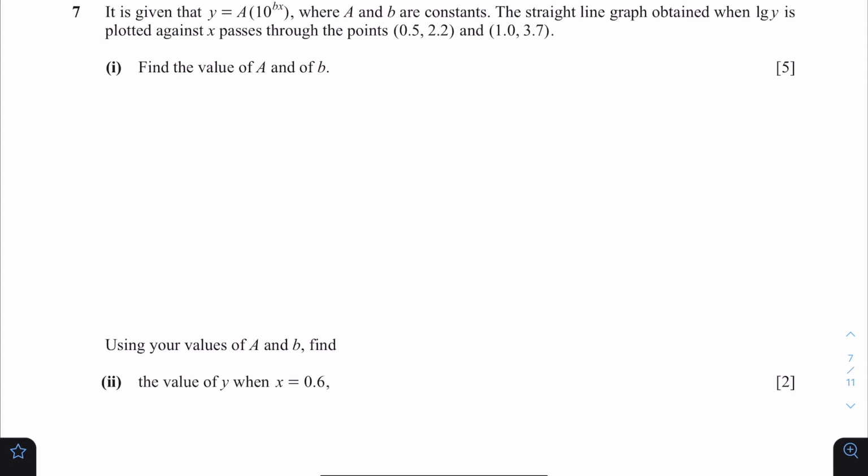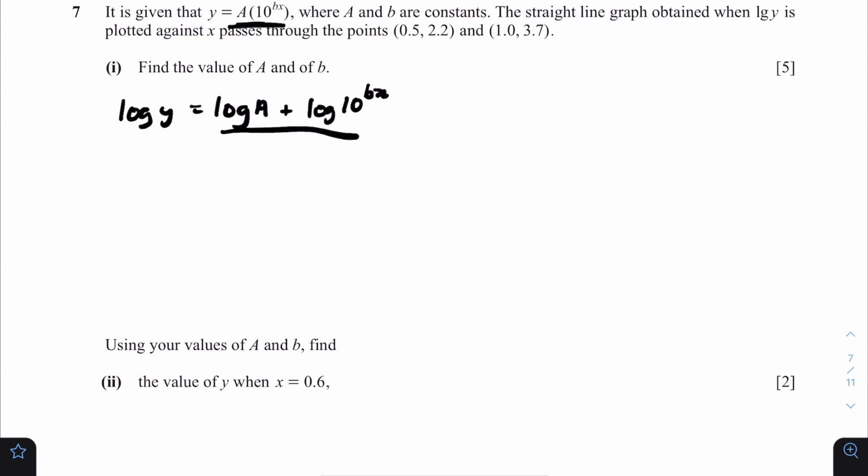So if we take the log of both sides, considering we have a 10 to the power of bx part, we can say log y is equal to log a plus log 10 to the power of bx. Because remember that if you combine logarithms, the insides get multiplied together, which is shown here, but we just split it up. So we can say that log y is equal to log a plus bx log 10.